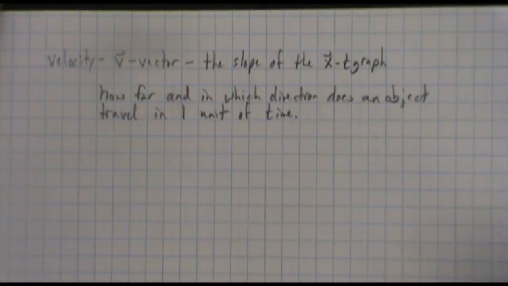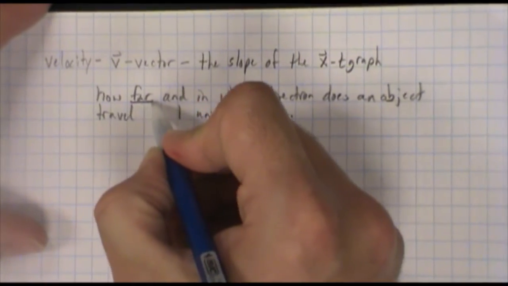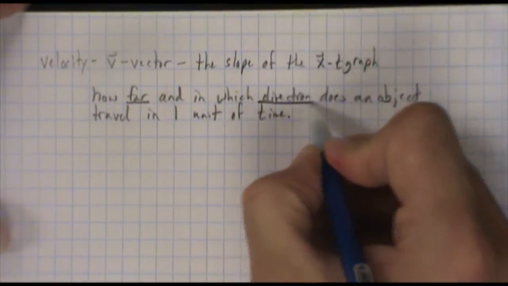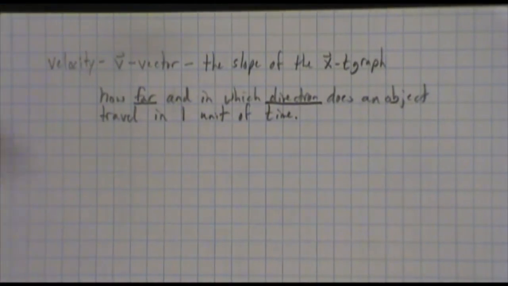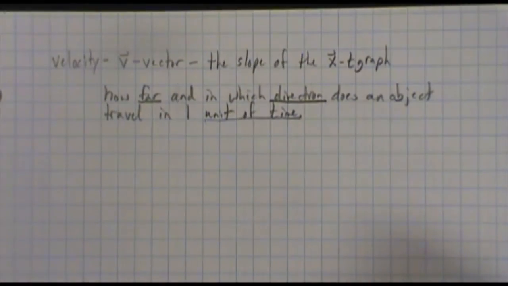That is our practical definition of velocity. They're important pieces. How far, the distance the object travels, in which direction, direction matters, in 1 unit of time.